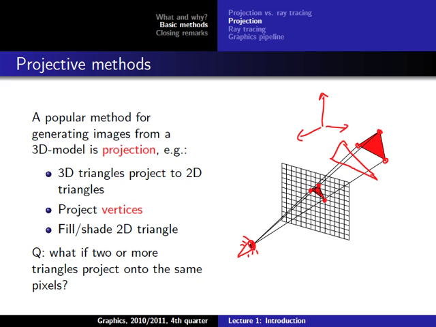We can either draw from the back to the front. If we draw the objects from back to the front, the ones in front will be drawn over the ones in the back, so they will always appear in front. Or we have to do some check first about the order and then only draw the pixel from the object that is in front at that position. Right. So you see there are a lot of other things involved that we need to do when we do the projection. We will talk during the lecture about how to do the projection and what kind of things are involved.